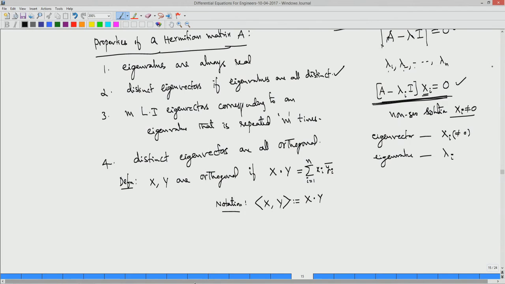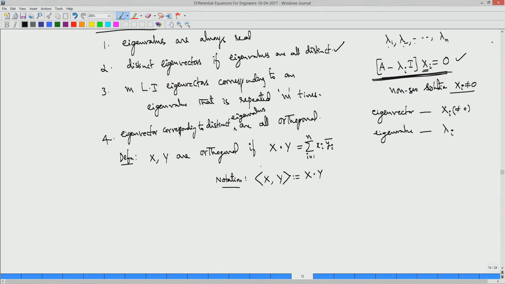So, if you have a Hermitian matrix, eigenvectors corresponding to distinct eigenvalues are all orthogonal.